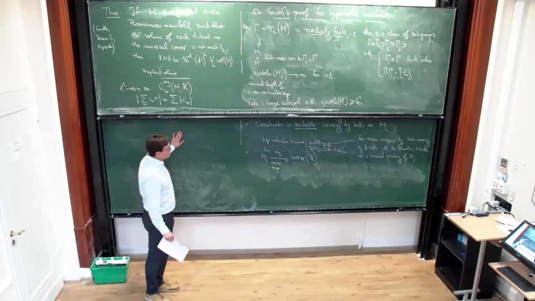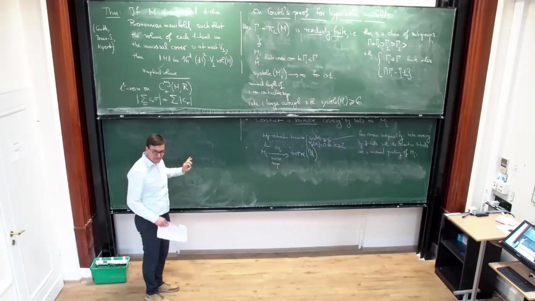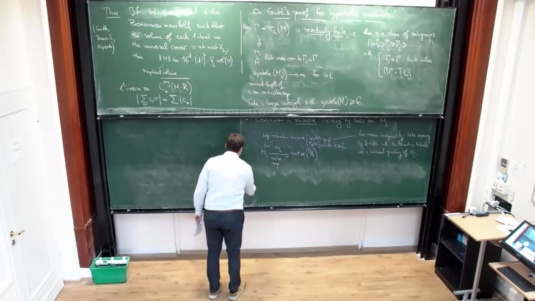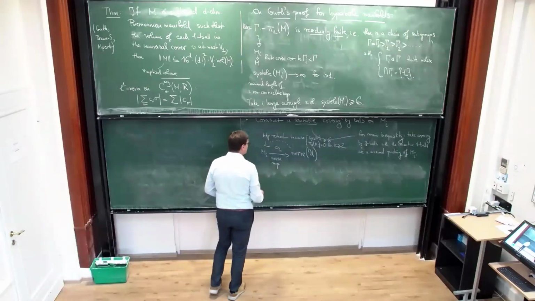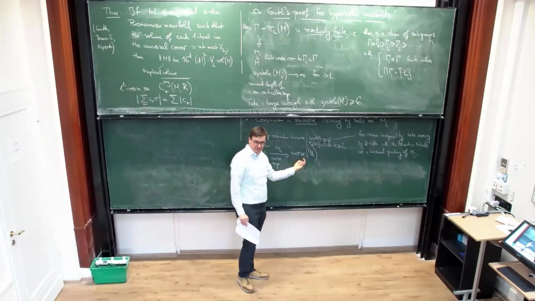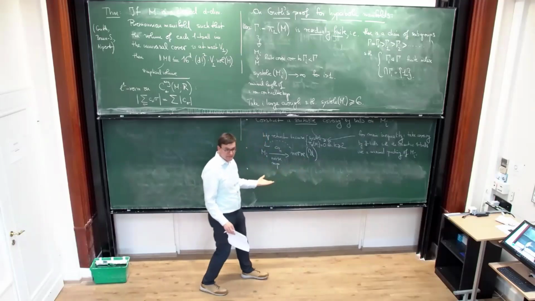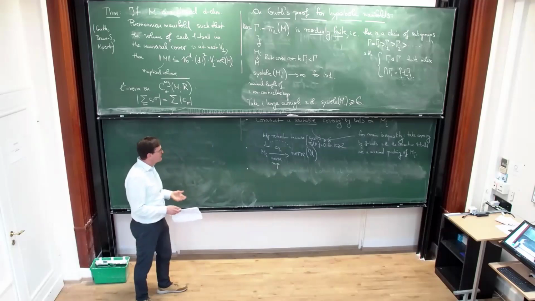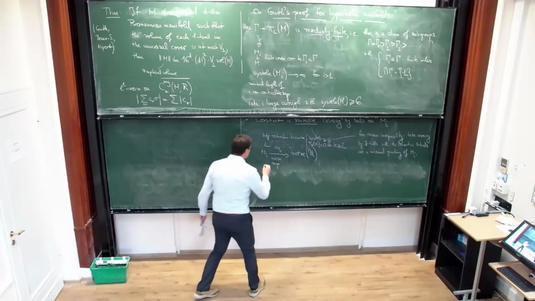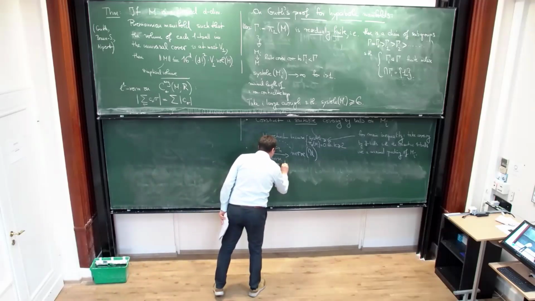Then there is another step where Guth really has to invest quite a lot of work, which is that you cannot estimate the size of this nerve. It might be very big, it might have many, many simplices. But what he shows is, let me call the nerve map F maybe.